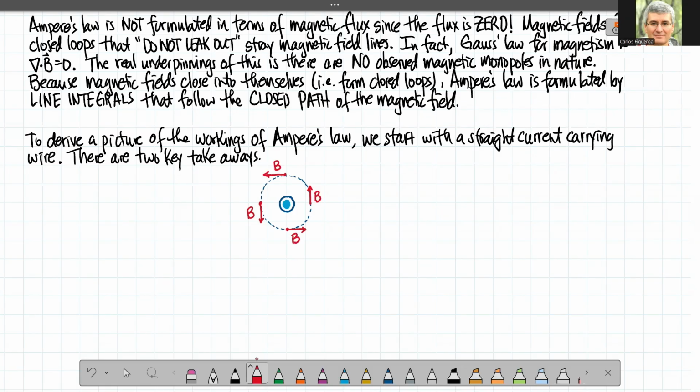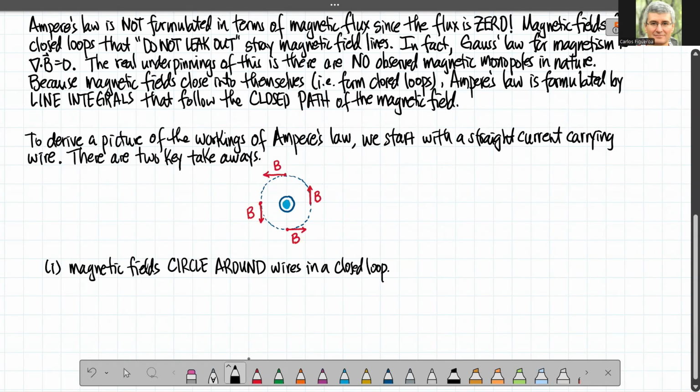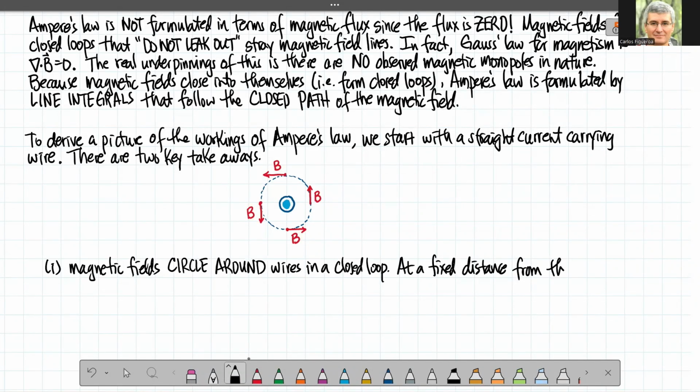Now I'm going to write two things here. The first thing that we want to think about is this: magnetic fields circle around wires in a closed loop at a fixed distance from the wire.